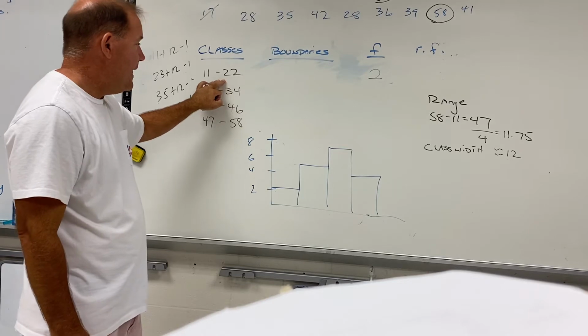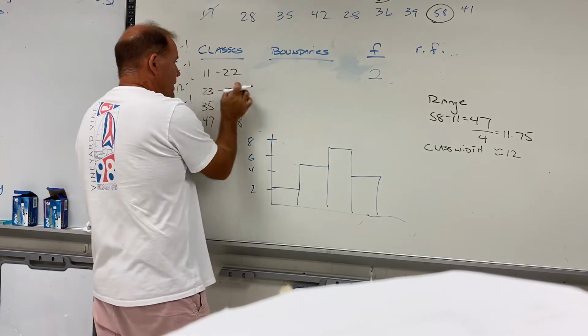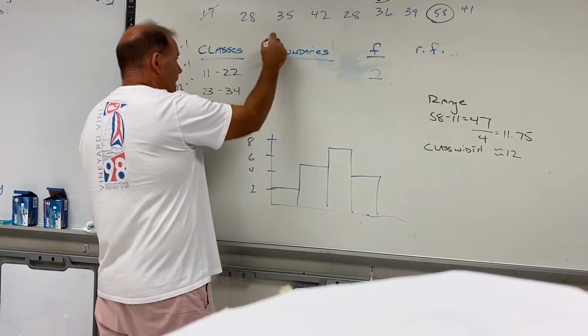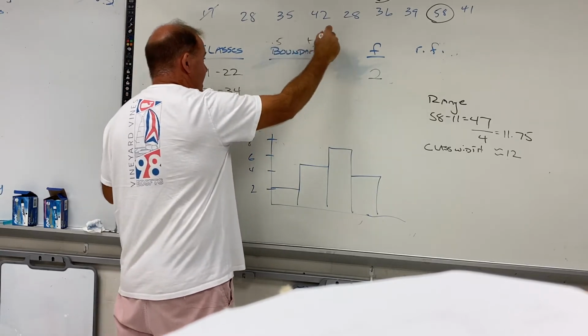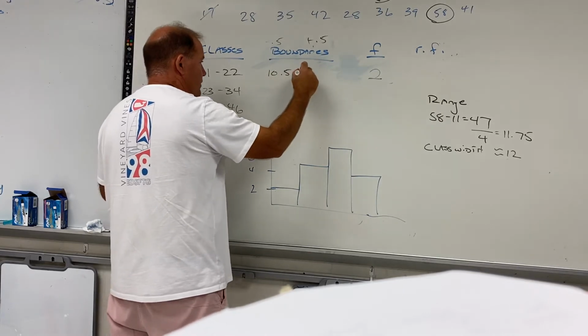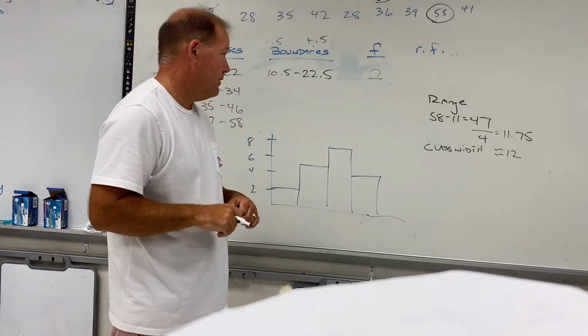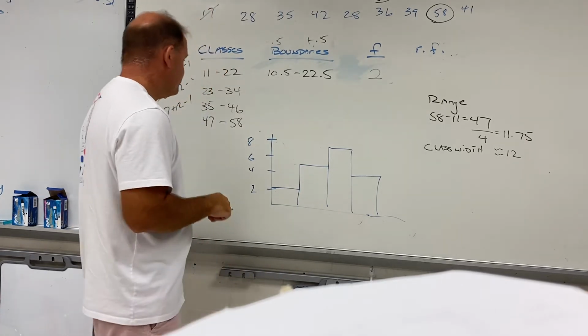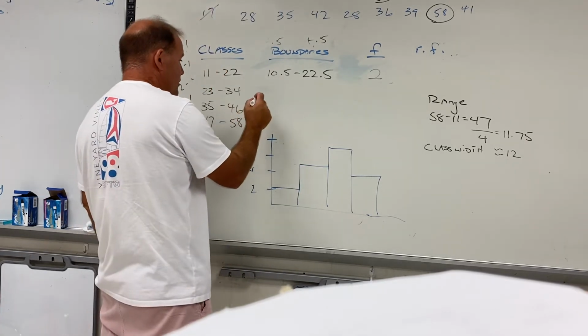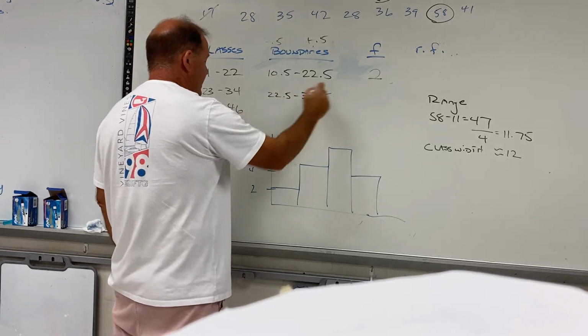When we write a boundary for a histogram, we have to subtract a half and add a half. If I subtract the half from 11, it's 10.5. If I add a half to 22, it is 22.5. My next group's boundary would be 22.5 to 34.5.